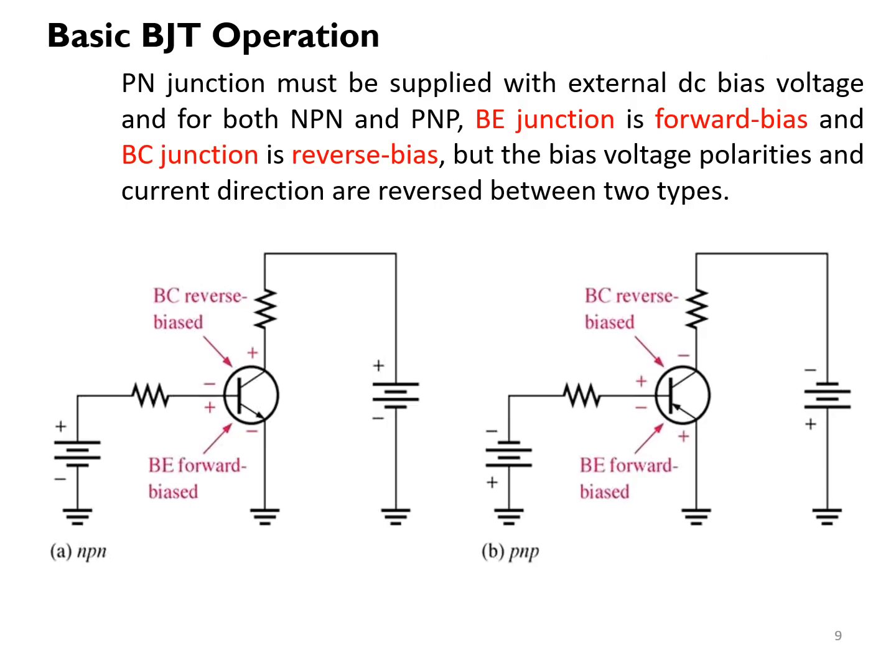For both NPN and PNP, the BE junction, base emitter junction, is forward biased. That is the similarity of NPN and PNP, while the BC junction, base collector junction, is reverse biased for both.